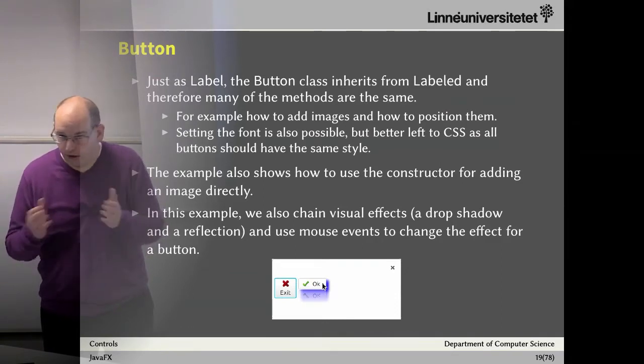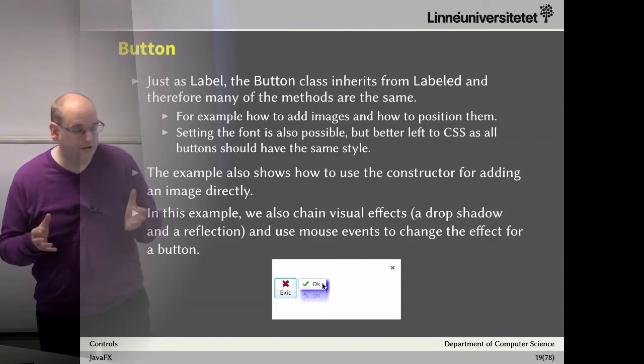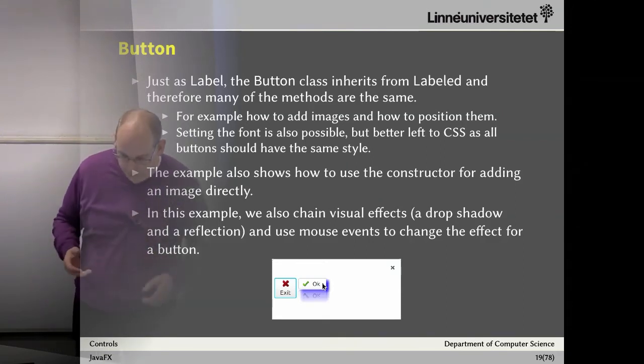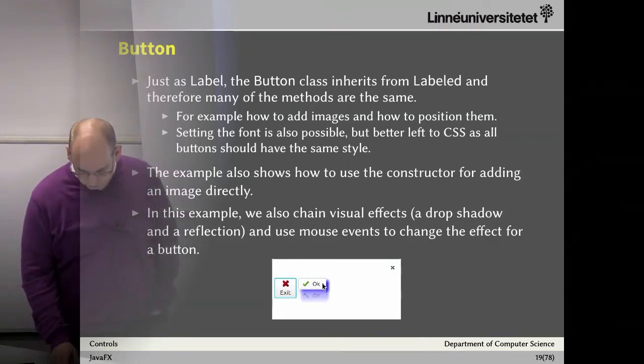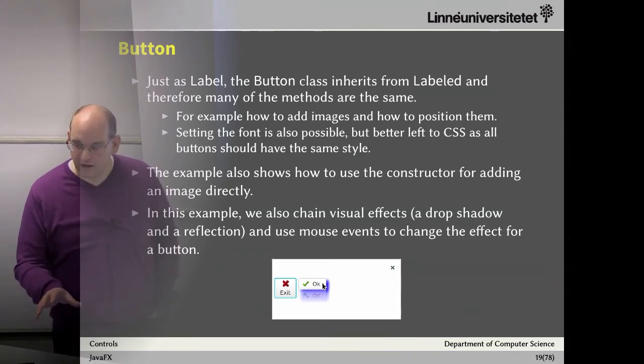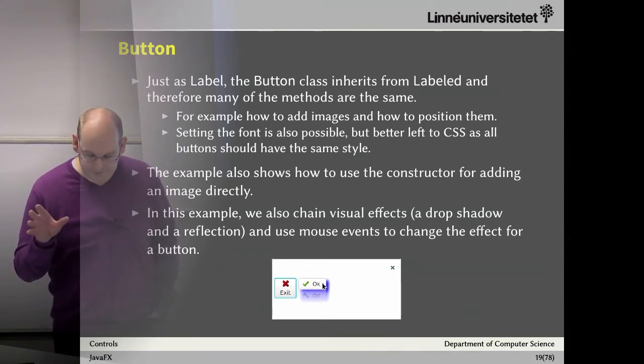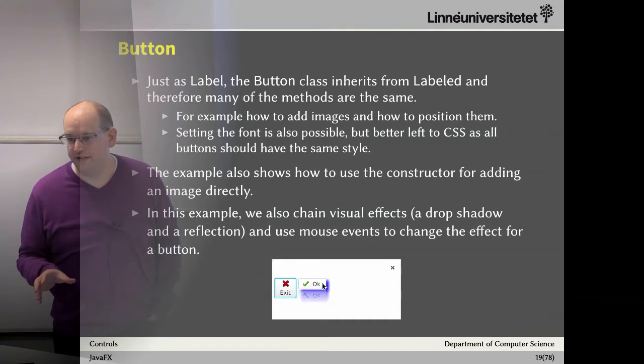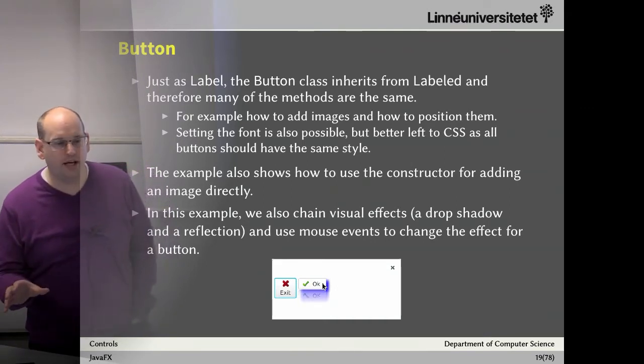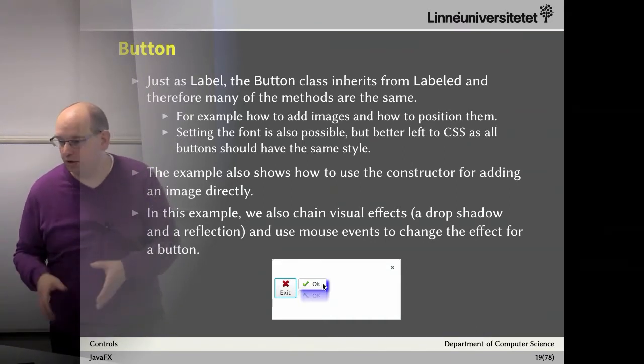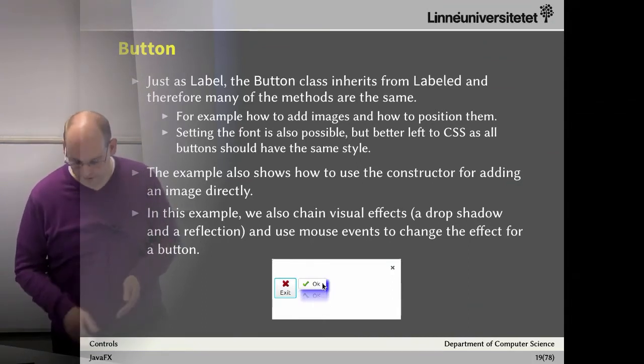And for anyone who's actually good at this, you can get really nice effects by doing that. Also, in this example, I will show a mouse event, but I'll just show it here and we'll get back to it later on, where we'll try to explain more in depth how this actually works.